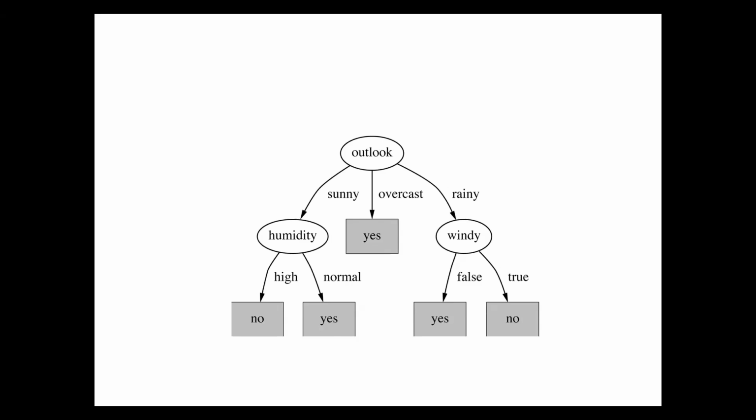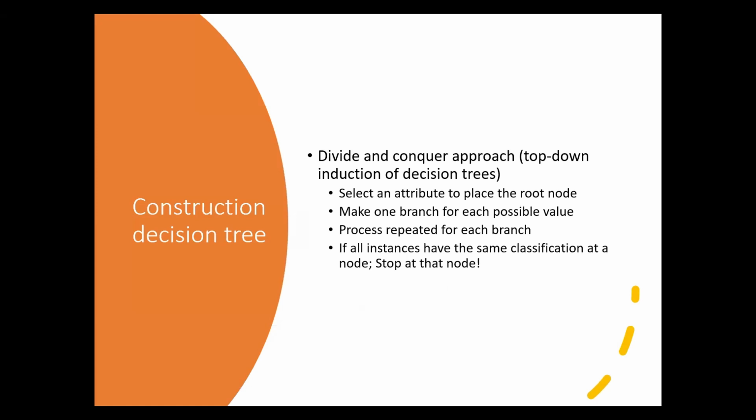Now, the question we first need to work on is how, given a dataset, we create a decision tree. This comes with what we call the divide and conquer approach, which is also known as top-down induction of decision trees. There are a few steps we need to follow.